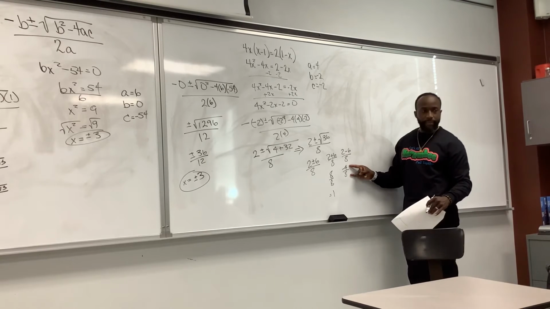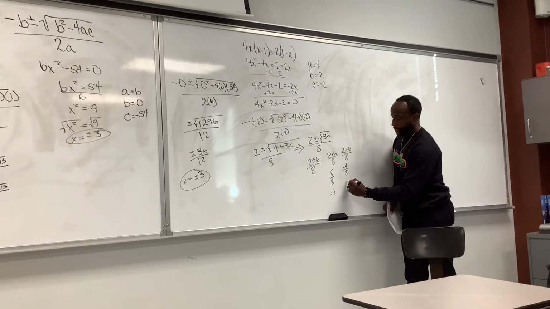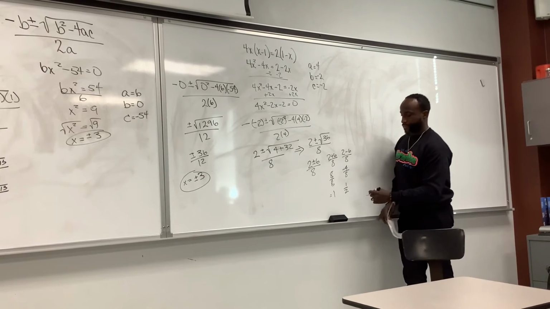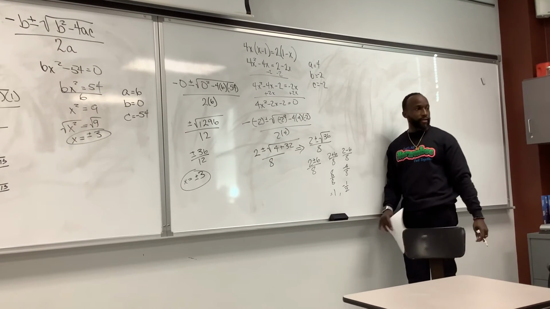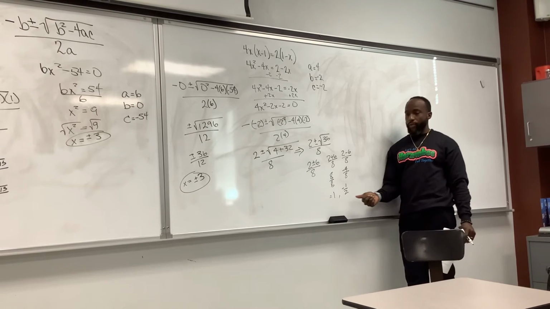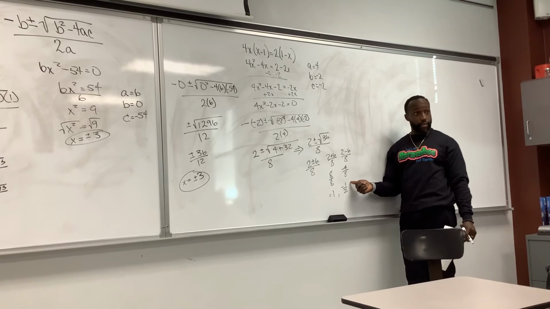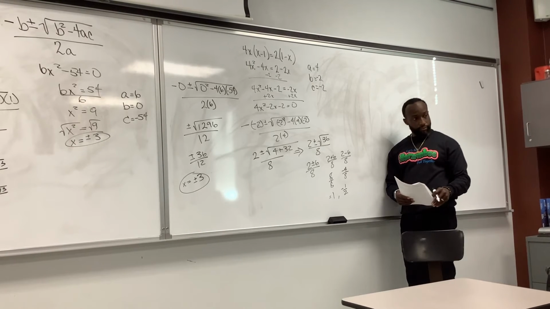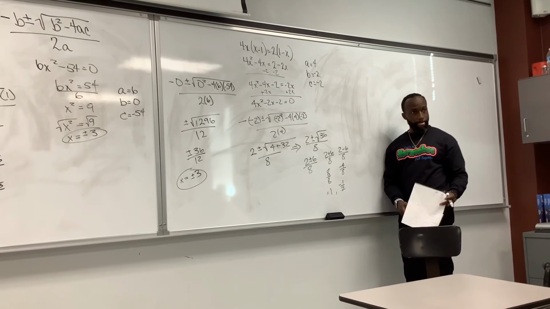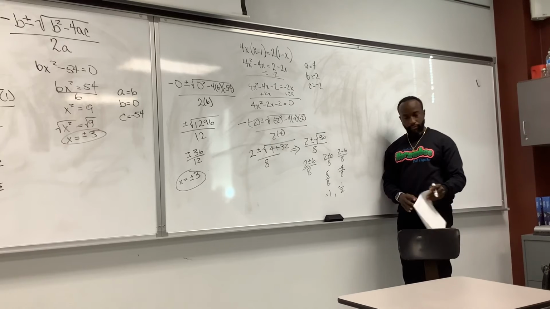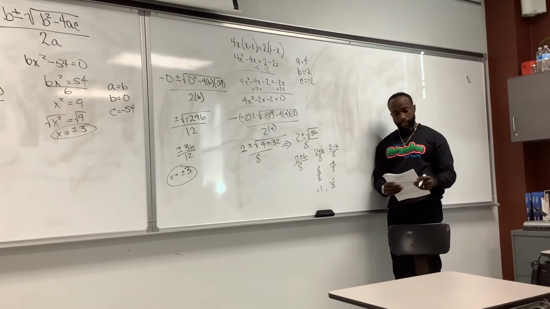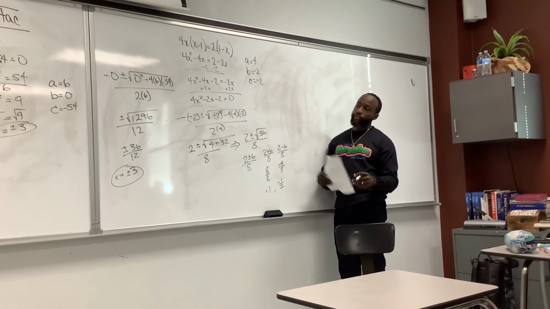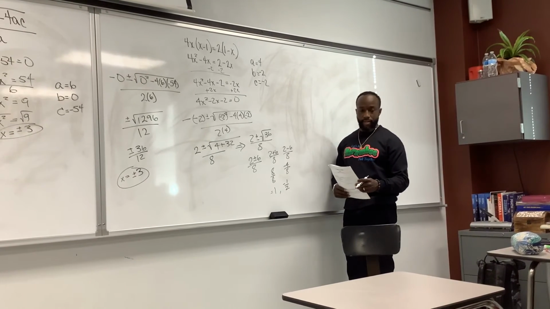You divide by 4, I'm sorry, and you get negative 1/2. So your solution is 1 and negative 1/2. That good? Okay. I'm moving fast? It's right here though. Alright.